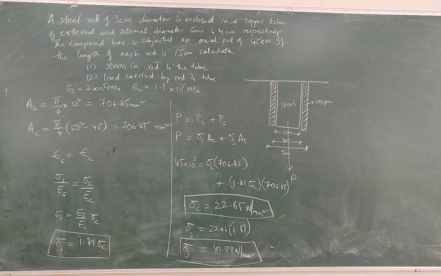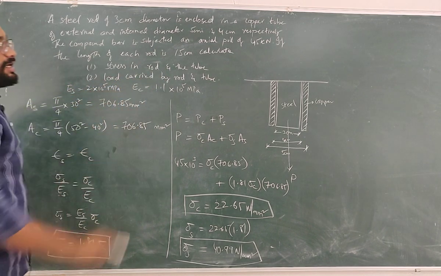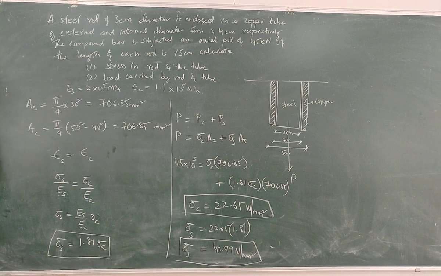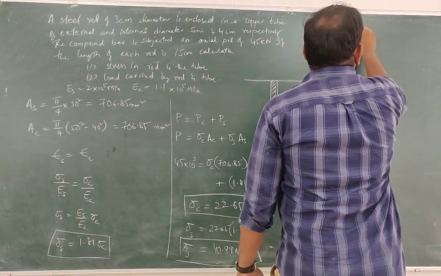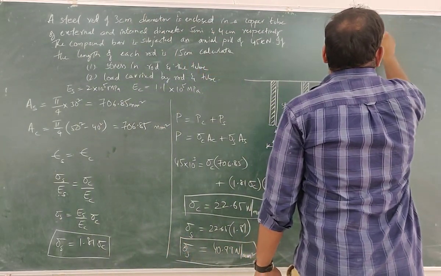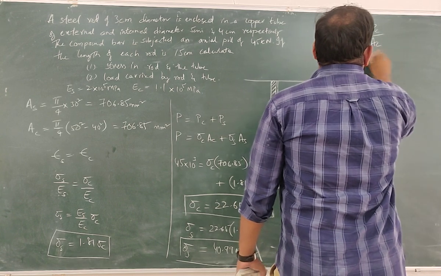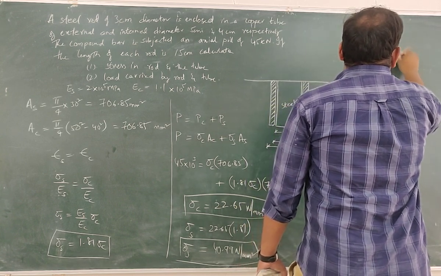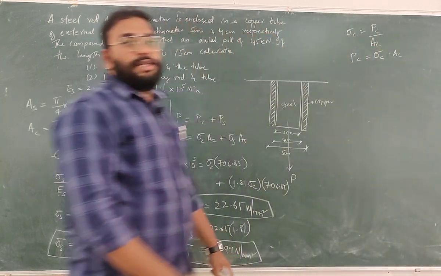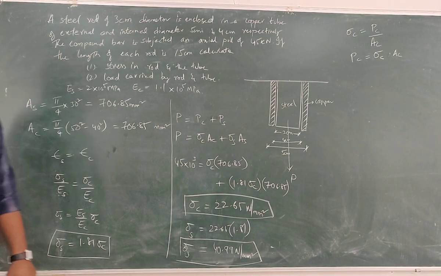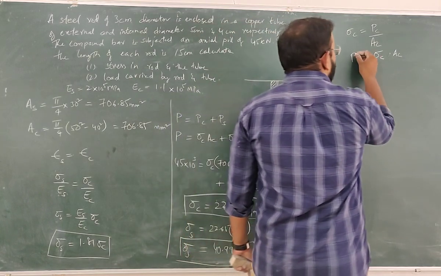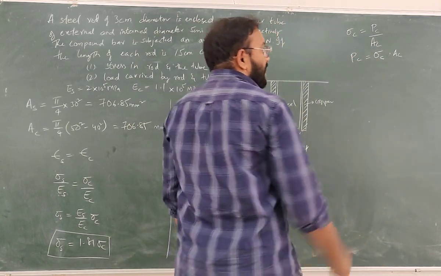Now the next problem is you also need to calculate the load carried by each one. So how to calculate that? You know sigma c is equal to PC by AC, or PC is equal to sigma c into AC. Stress in copper is equal to load taken by copper divided by area of copper tube, or load taken by copper tube is equal to stress multiplied by area.